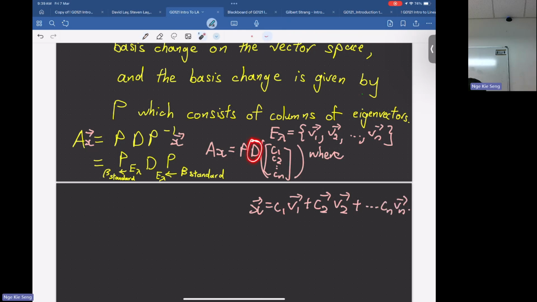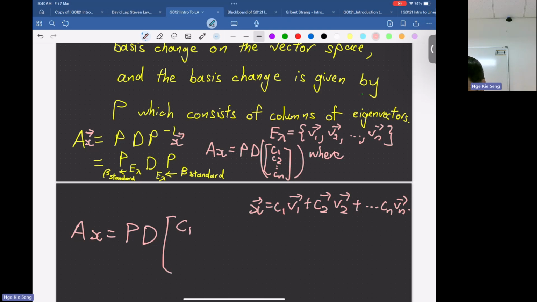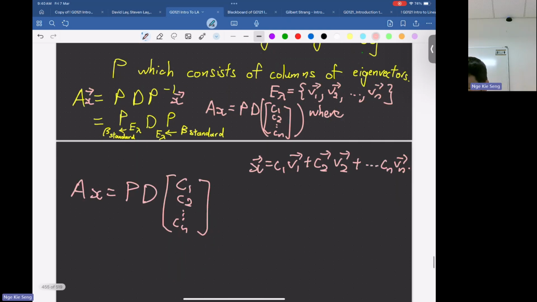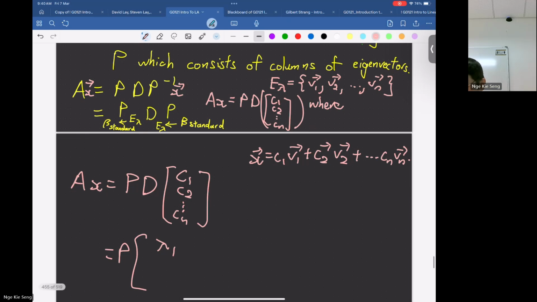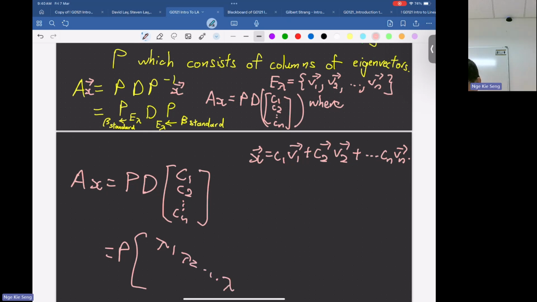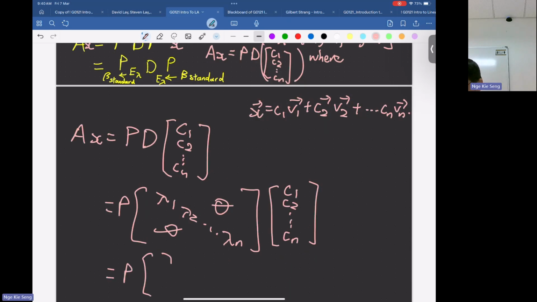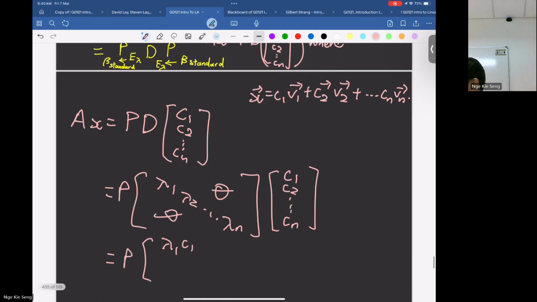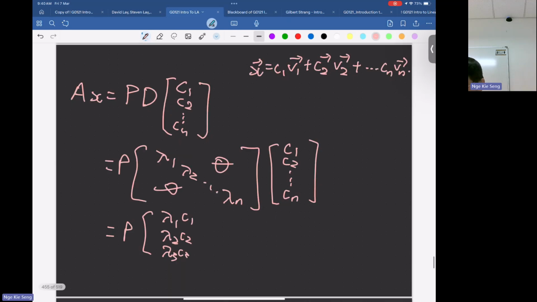But a diagonal matrix multiplied by this column vector is easy. Why is this easy? Because if you imagine your diagonal matrix is lambda 1, lambda 2, up to lambda n, you just simply attach the scalar onto the right row. Very easy. Okay, this is the point.